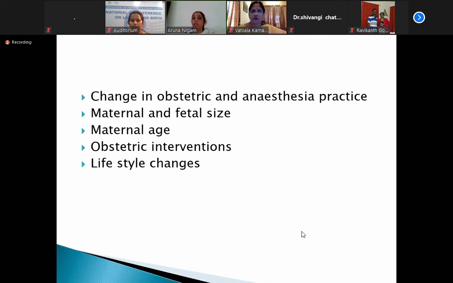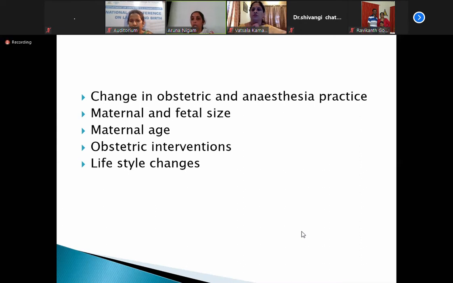There is a lot of change in obstetric and anesthesia practices. There is a change in maternal and fetal size. Patients are becoming pregnant for the first time at a later age. Many obstetrical interventions are available to us. Lifestyle changes are there, with more sedentary females coming to our hospital, and more monitoring because we have a stress on institutional delivery.